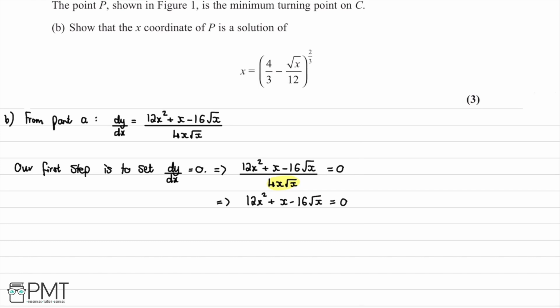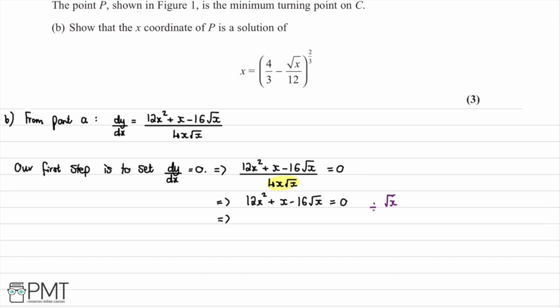Now the strategy is, like I said, to get this into this sort of form here. But we can't factorize because we have this not-normal term. To factorize we'd normally need 12x squared plus x minus 16, but we have this square root of x here. So we can get rid of this as a first step by dividing everything by the square root of x.